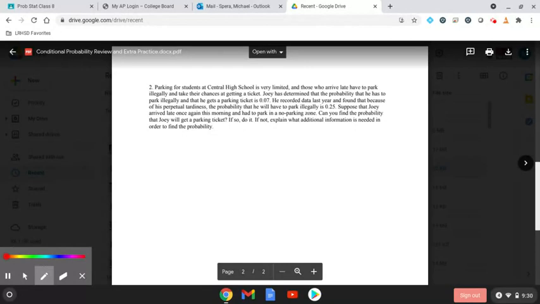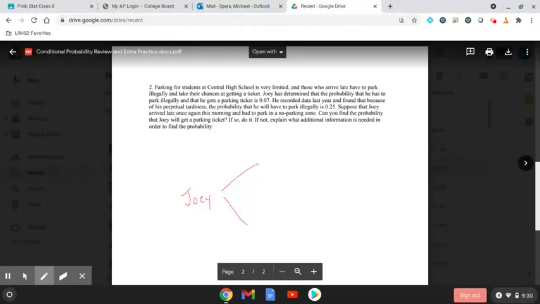All right, so I want you to give it some thought. I want you to try to set up a tree diagram and think about how this would work. Think about the branches. Think about the order the events would happen. Think about the probability that we're given here to start out with.